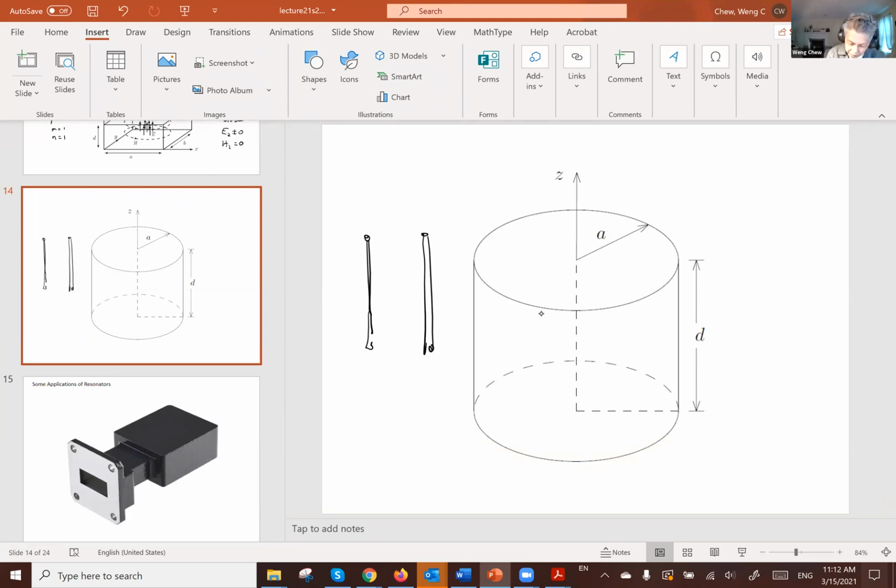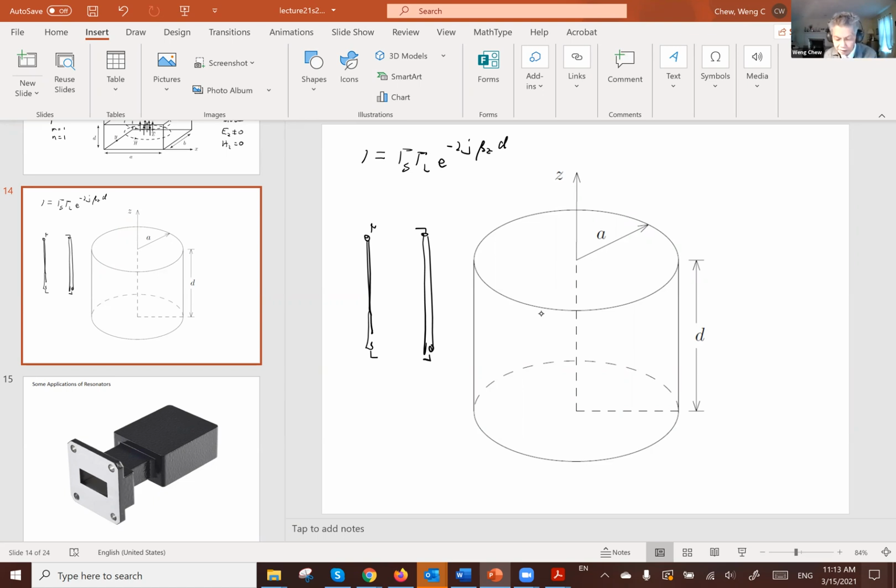And then depending on whether you have short circuit or open circuit at the other end, you will find the transverse resonance condition for this rectangular or circular cavity waveguide and find the resonance condition using this formula: 1 equals gamma S gamma L e to the minus 2j beta z d.